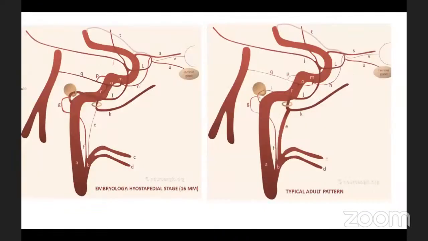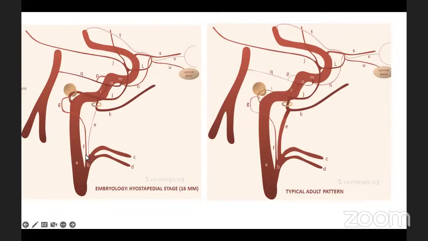Now coming to the embryological variations that can occur because of the complex development of the middle meningeal artery. So this is the embryological stage, and this is the typical adult pattern, which happens if there is a normal embryological pattern. As we can see here, the pathways that were regressed previously are actually formed here, and those which were previously intact are regressed here.